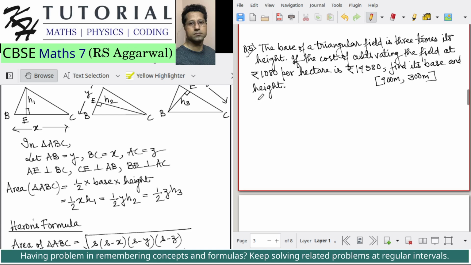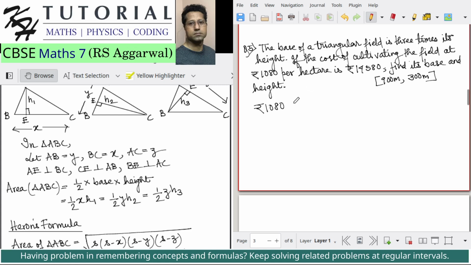You can obviously directly find the area by dividing the total cost by the cost of cultivating per hectare. So 14,580 divided by 1080 will give the area of the triangle in hectare. But let me anyway use the unitary method.